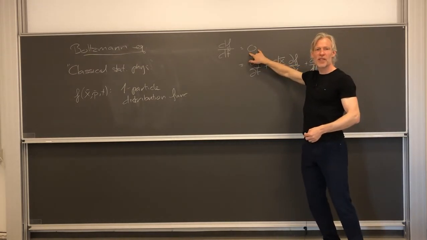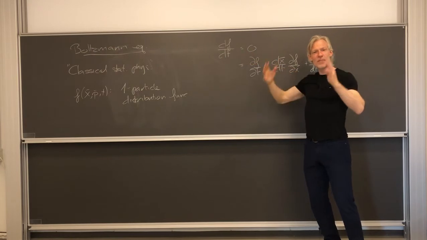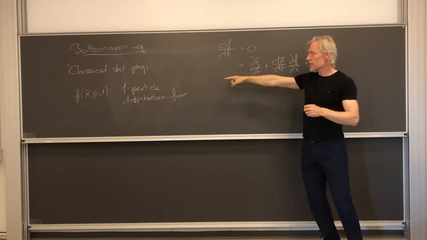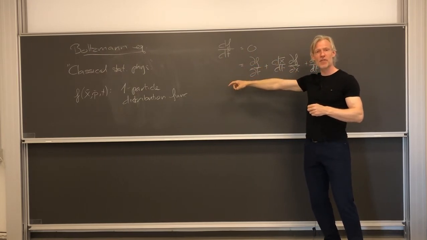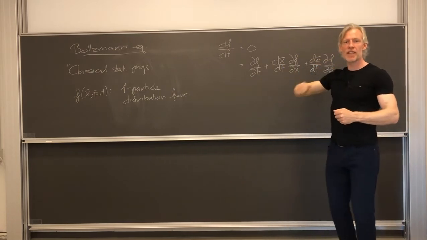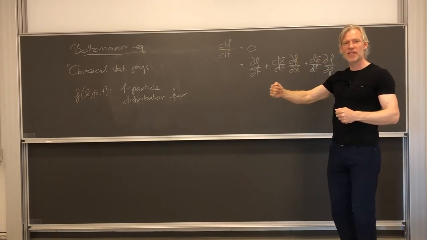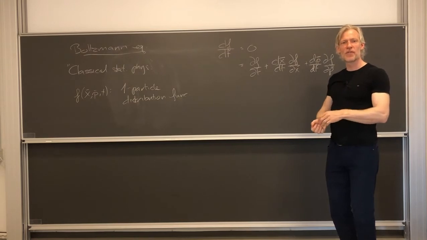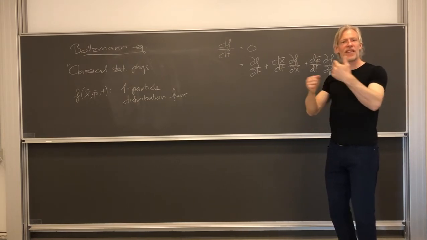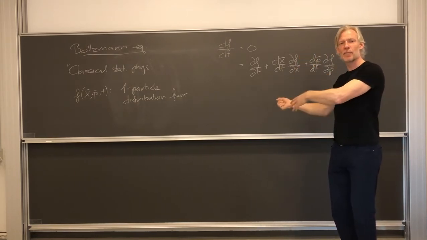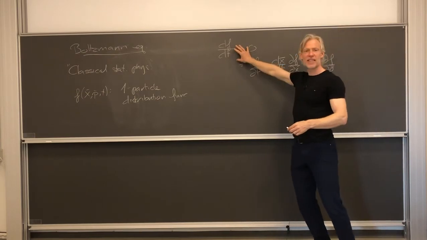It's only true if you have some kind of matter described by this one-particle distribution function that is only acted upon by conservative forces. So anything to do with, for example, production and annihilation of particles cannot be taken into account in this equation.